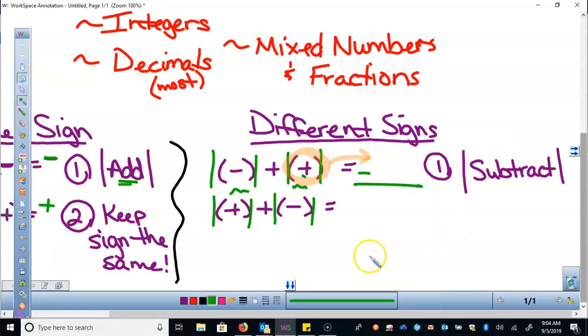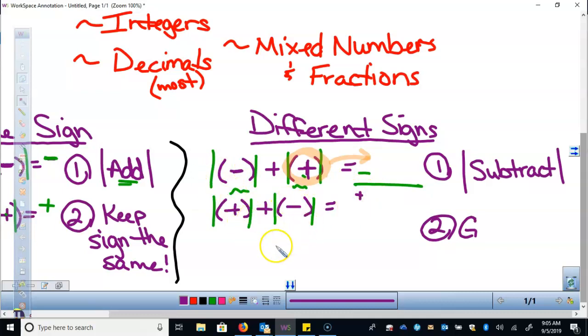Now the sign of our answer, so is our answer going to be a positive or a negative? What determines the sign of the answer is which value was greater. So in this case, the absolute value of the positive number is greater. So that means I have more positives than I have negatives. So our answer is going to be positive. If the negative was the greater absolute value, then our answer will be negative.